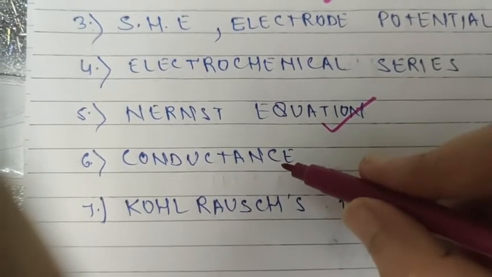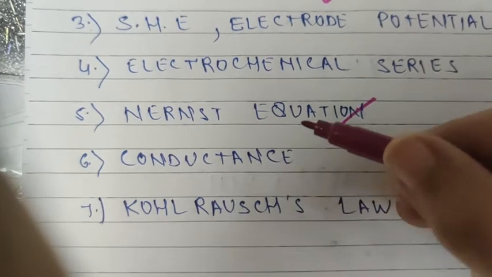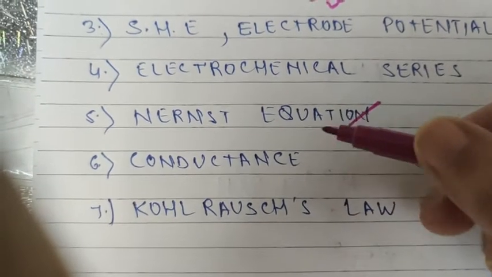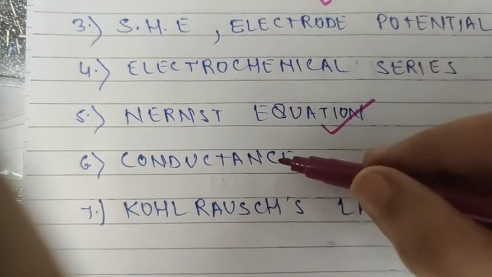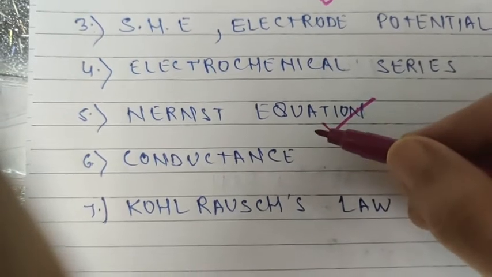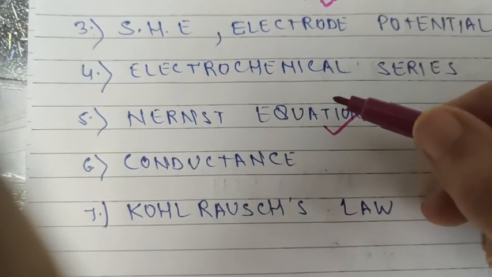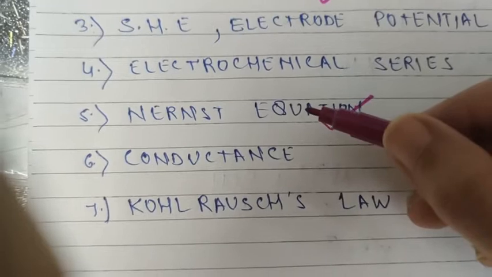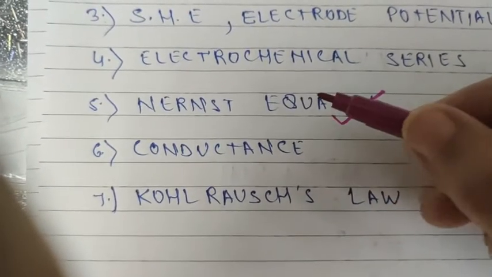Then we discussed the concept of conductance, resistance, cell constant, and their units, and following this topic we moved to the effect of dilution on the conductance and other types of conductance.